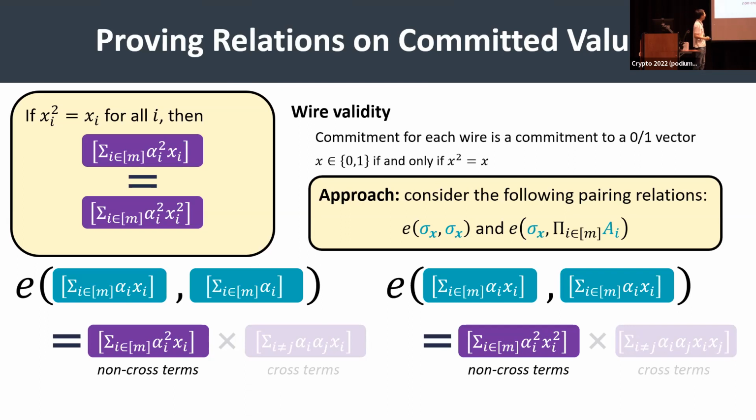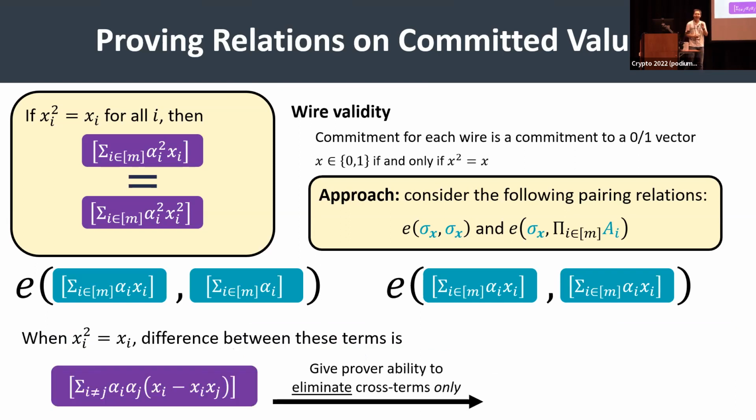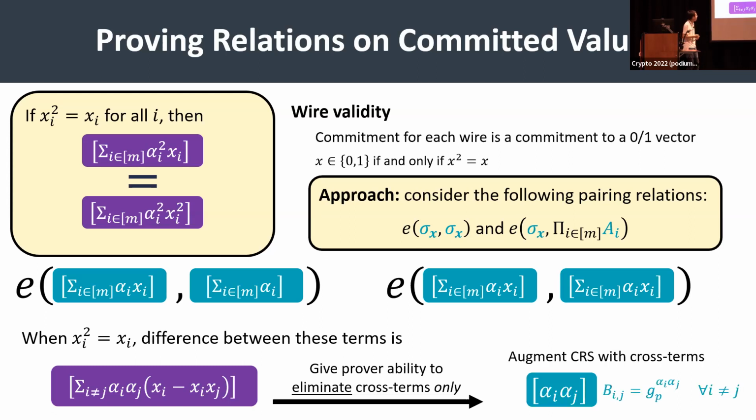So how do we complete the check? We're simply going to give the prover the ability to eliminate the cross terms in the construction. These two quantities will be equal, except for some differences in cross terms. What is that difference? Well, it's this expression here that depends on alpha i, alpha j for i not equal j. So we are going to augment the common reference string with a collection of cross terms.